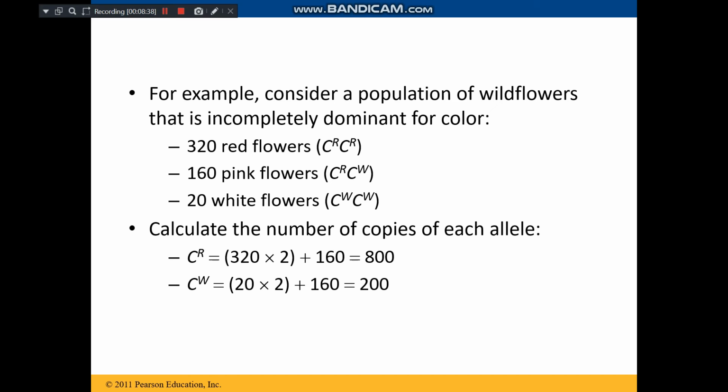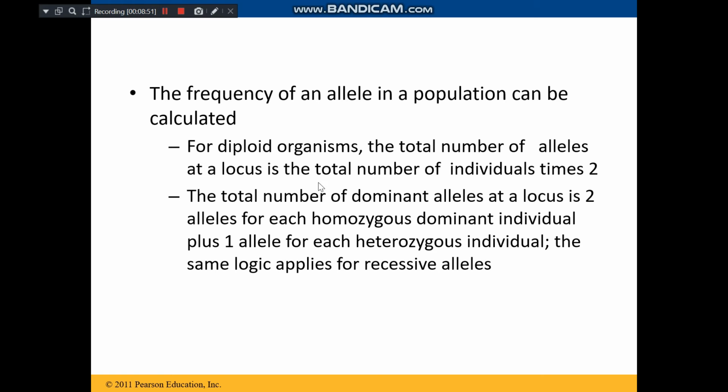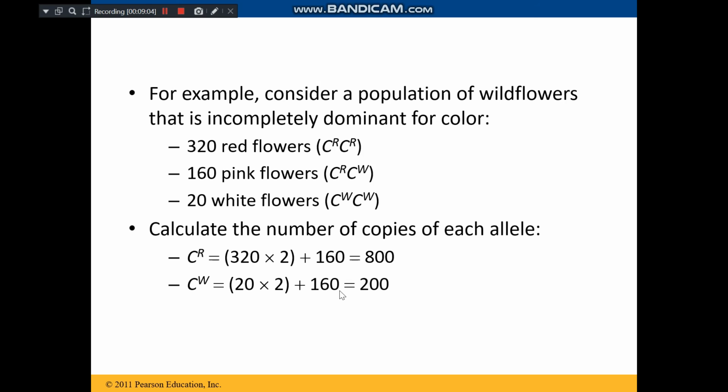Now the number of copies of each allele, by applying the same formula. The total number of dominant alleles at a locus is 2 alleles for each homozygous dominant individual plus 1 allele for each heterozygous individual.